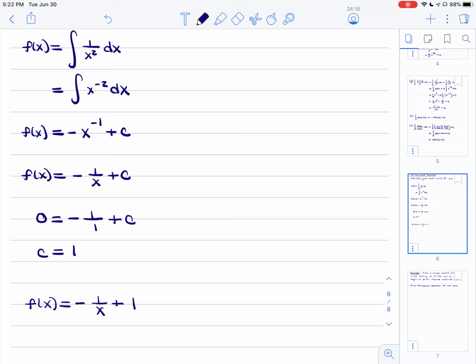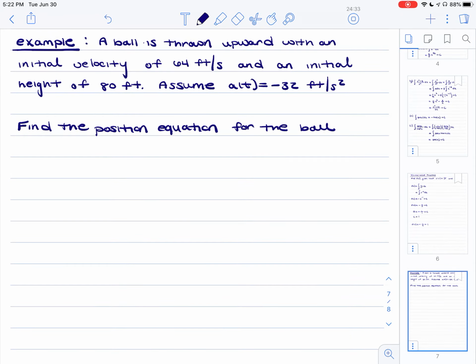All right, so when we're given an initial condition, we're able to plug it into the function and find the c value. All right, so let's look at another example like this, but this time in terms of an application. So here we're looking at that position equation that we visited in a previous unit. We're told that a ball is thrown upward with an initial velocity of 64 feet per second and an initial height of 80 feet.